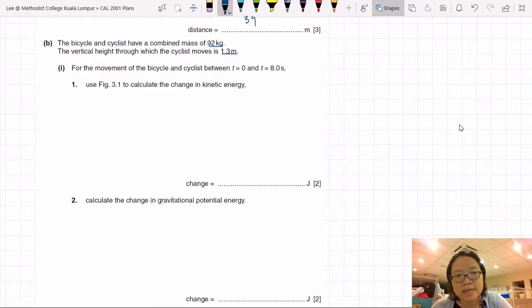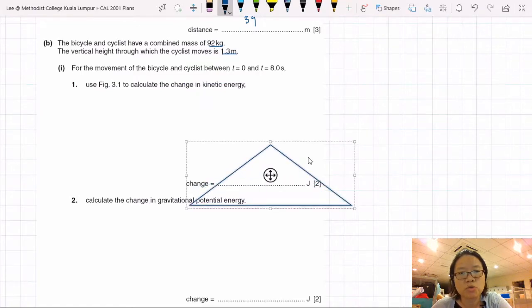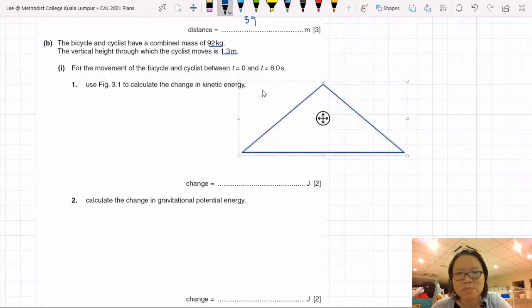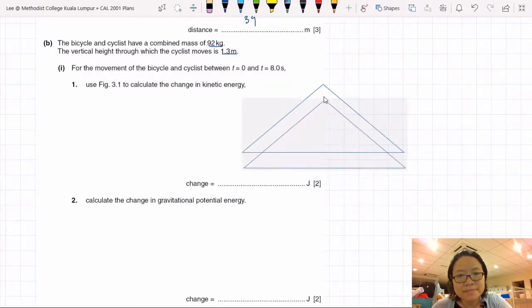So the bicycle and cyclist have a combined mass of 92 kg and the slope is 1.3 meters. This is me trying to draw the slope.